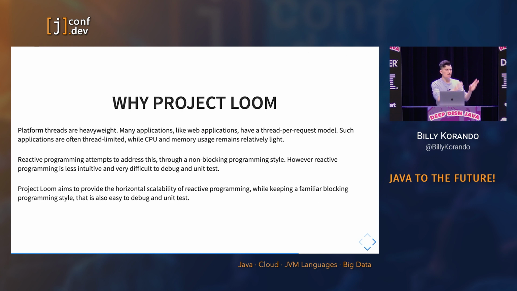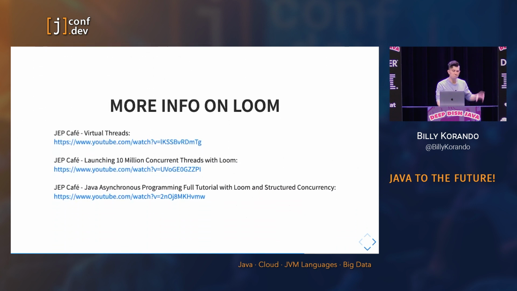So by decoupling that request from an operating system level thread, we can allow for much greater horizontal scalability, which was kind of promised by reactive programming, but we'll have that same intuitive, linear blocking style that Java developers have been familiar with, while getting all that benefit of great horizontal scalability that you would have gotten from reactive programming.